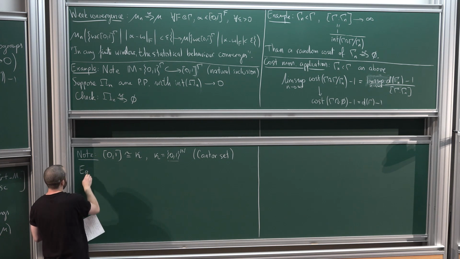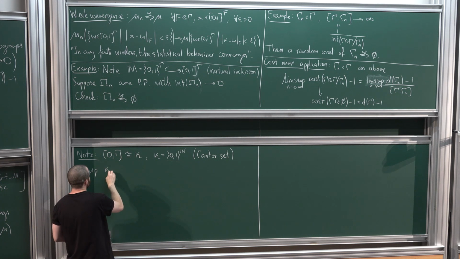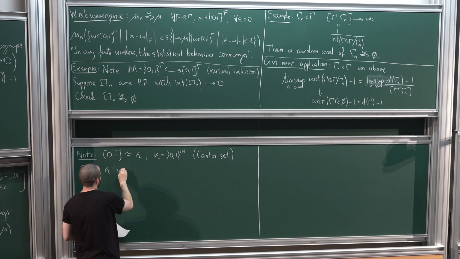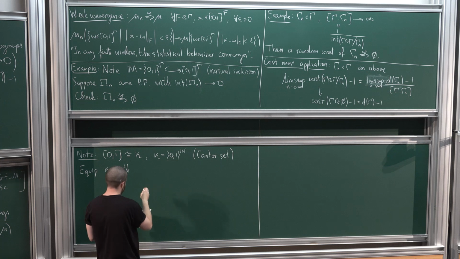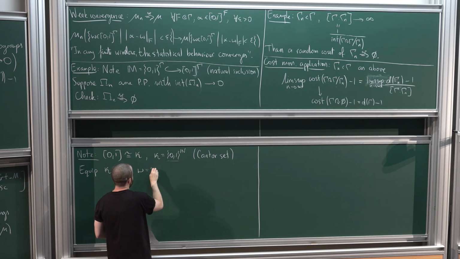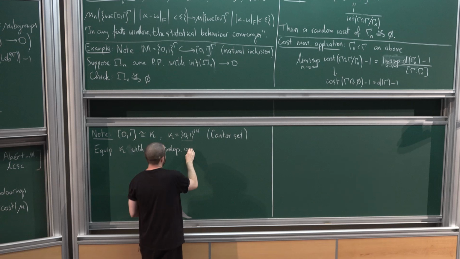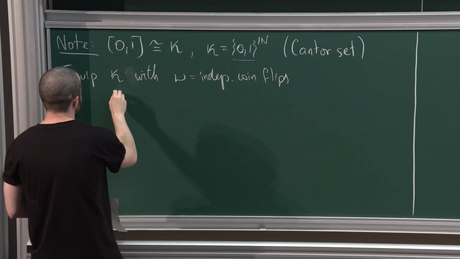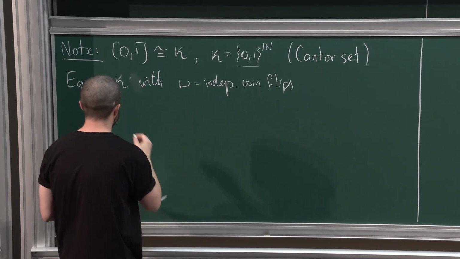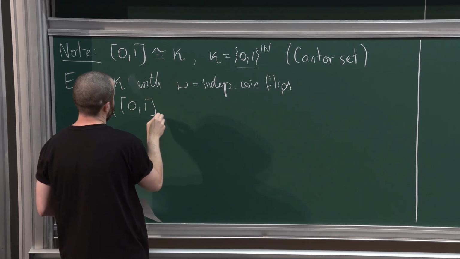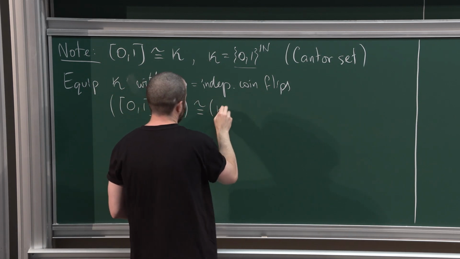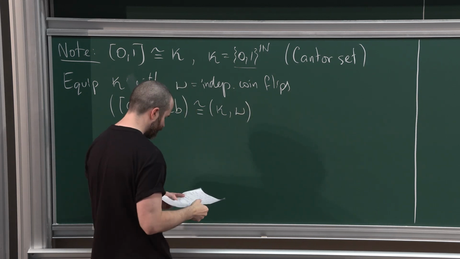So I want you to equip kappa with the natural measure nu, being just independent coin flips. Okay, so the product measure, you could write it down if you want. And as I said, this extends to an isomorphism of measure spaces, of the interval with Lebesgue measure and the Cantor set with nu.